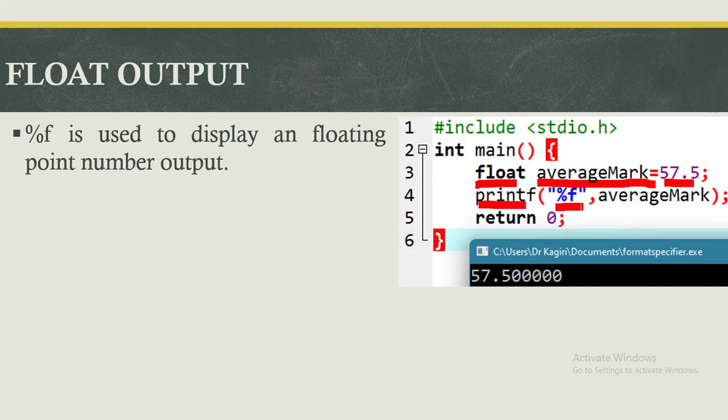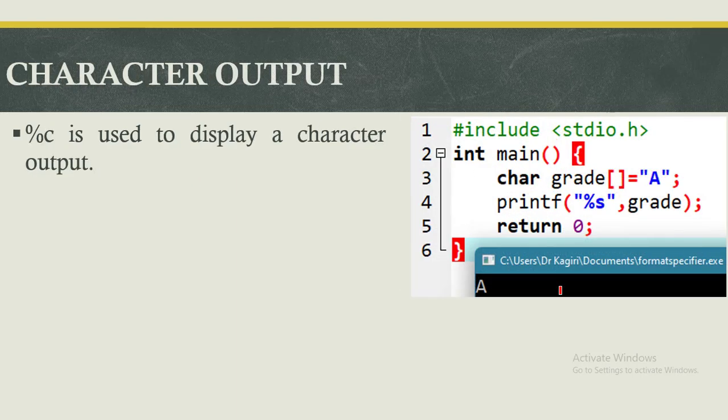The value that we have stored is a decimal, so we use %f because we want to display a number of a decimal nature, and we declared that number as a float. So use %f, then put a comma and provide the name of your variable. The variable name gives us the value stored in it, which is 57.5.